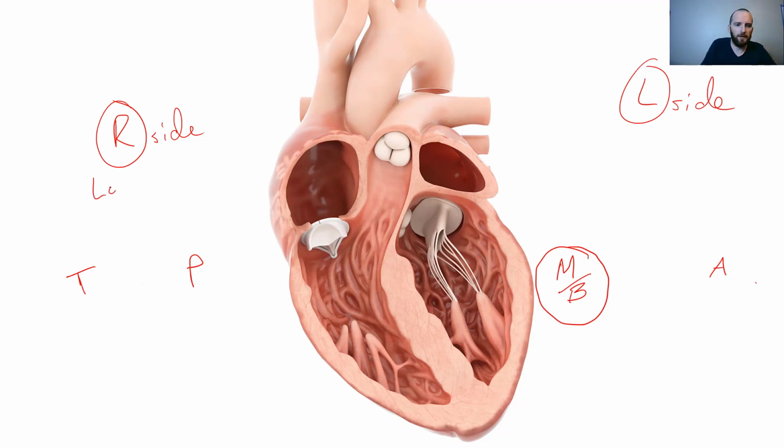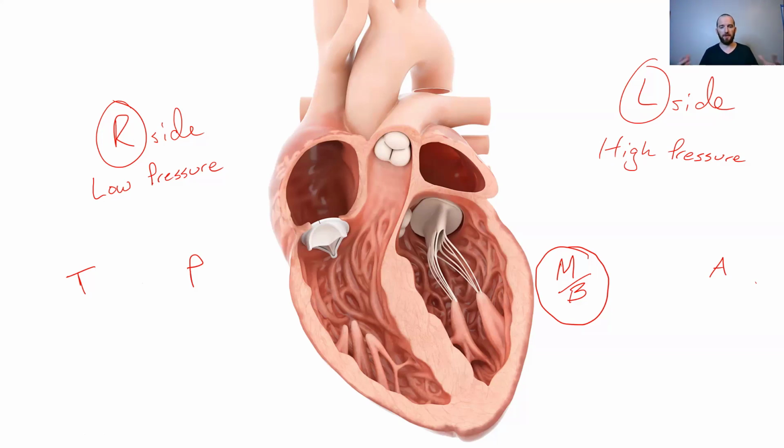So the right side of the heart is the low pressure system, and the left side is the high pressure system. The right side is receiving low pressure blood through the vena cava back to the heart, and it's pumping it comparatively weakly out to the lungs. It doesn't have to work as hard, unless something is going wrong, then it might have to work harder.